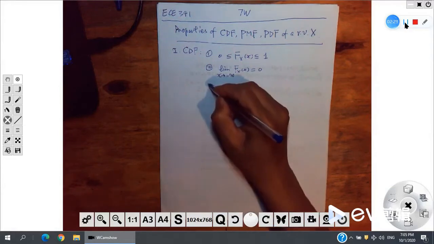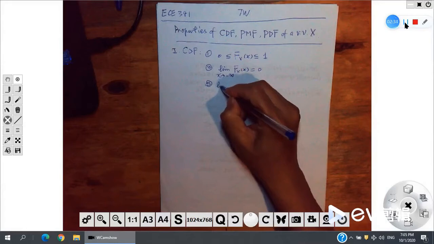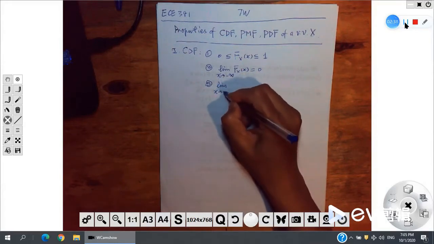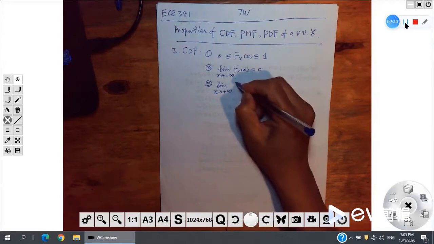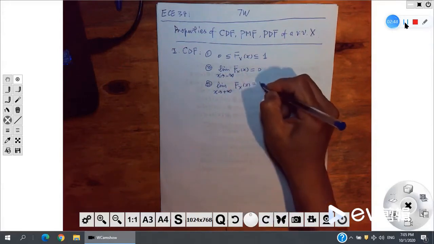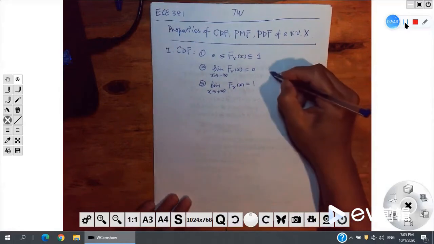And the third thing about the CDF is the limit on the other side. Limit as x goes to positive infinity, what is it? It will be 1. So the graph will look like this.